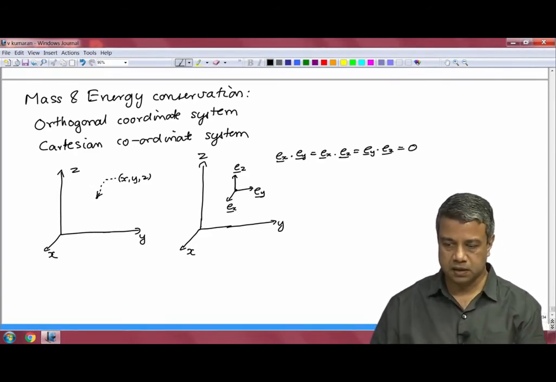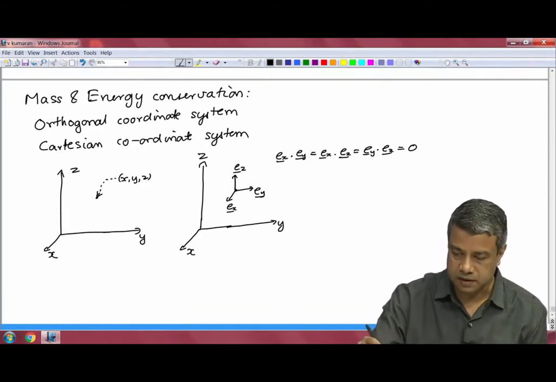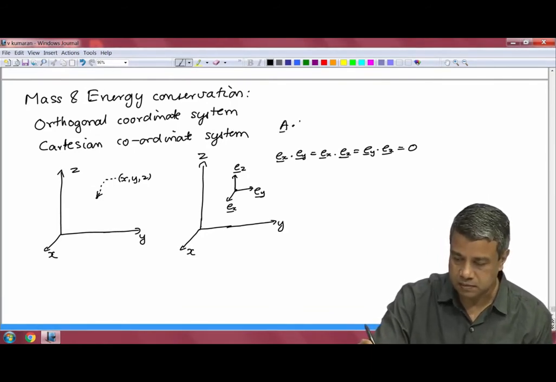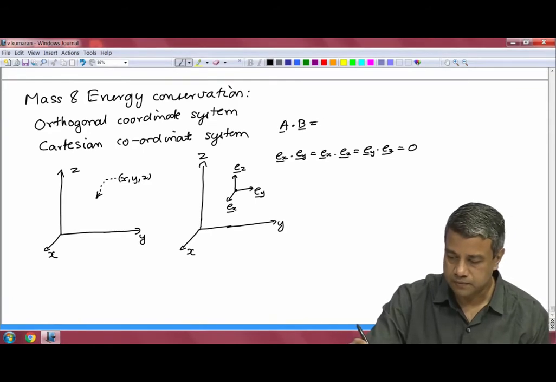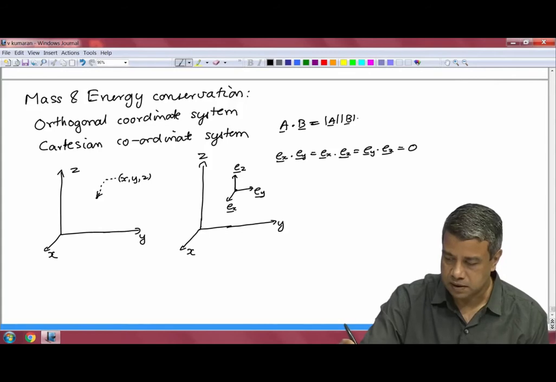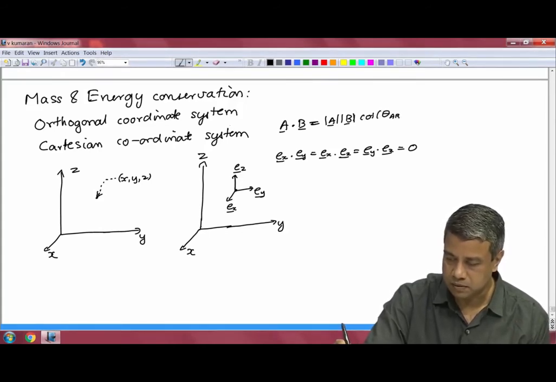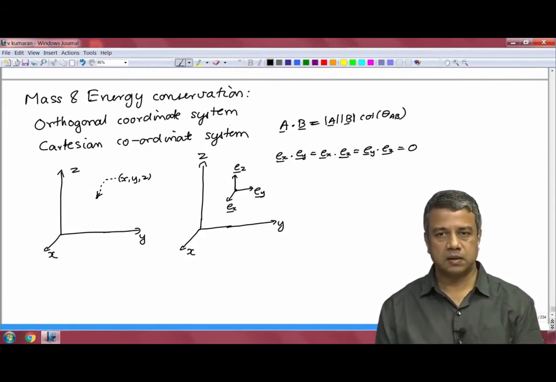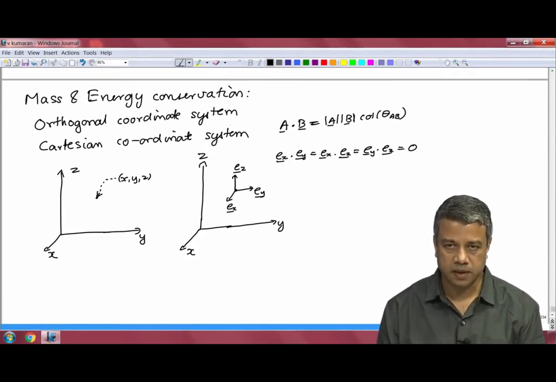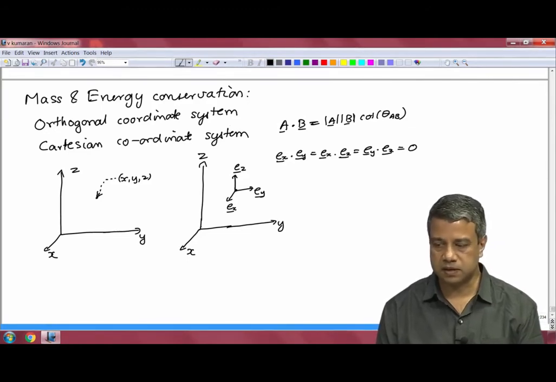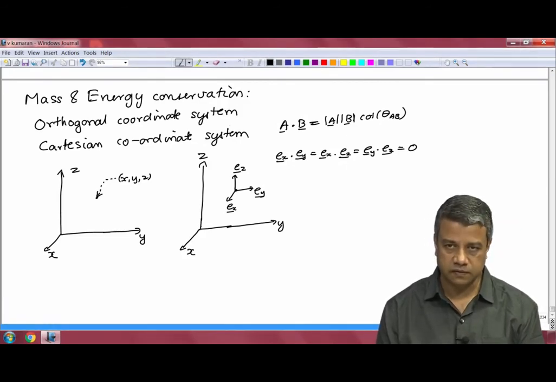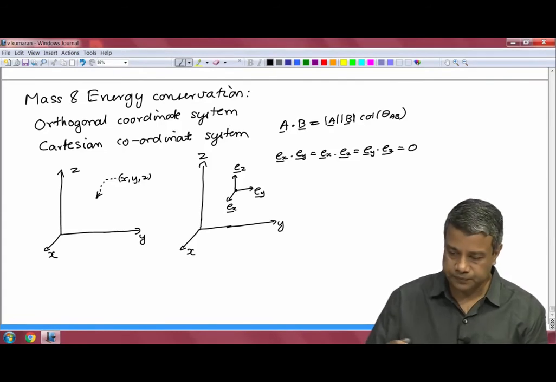Recall that the dot product of 2 vectors, A dotted with B, is equal to the magnitude of A, the magnitude of B times cos of the angle between the 2. When the angle between the 2 is pi by 2, that is, they are perpendicular to each other, that cos is 0, and therefore, the dot product of 2 different unit vectors is equal to 0.